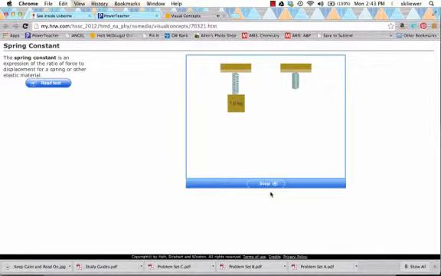For example, if we attach 1 kilogram weights to each of these springs, we see that they stretch different amounts. The larger the spring constant, the stiffer the spring, and the more force that is required to stretch it. The spring constant depends on the type and amount of material a spring is made of and how the spring is formed.